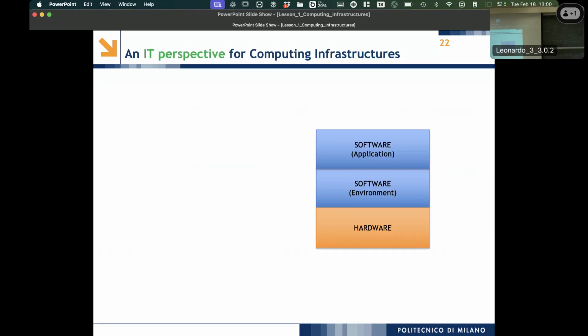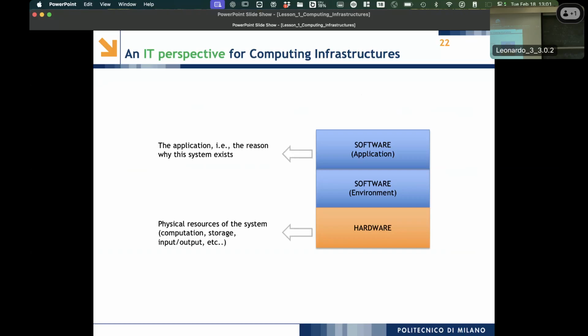So as a wrap up, we usually have three layers in a computing infrastructure. One is the hardware layer, the physical resources on top of which we can run our application. Then on top, at the highest level, we have the application, which is the reason why we are developing our system.